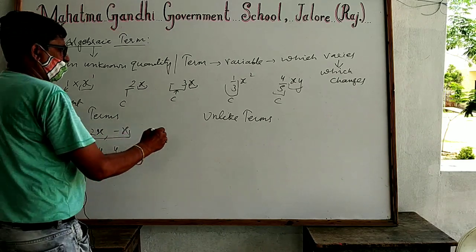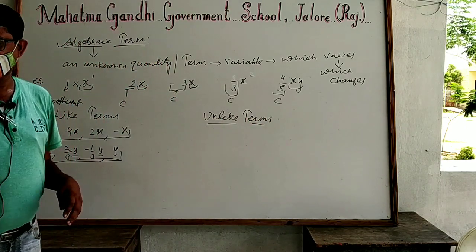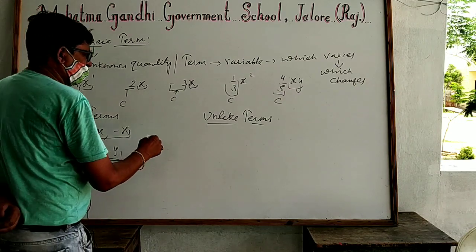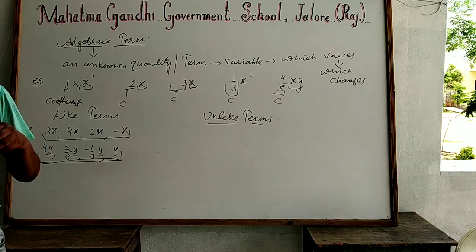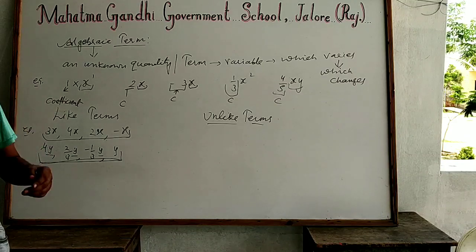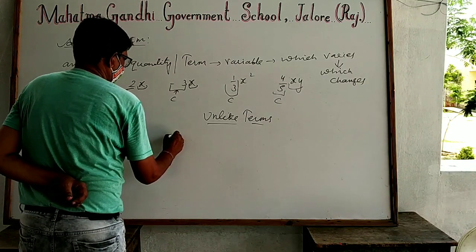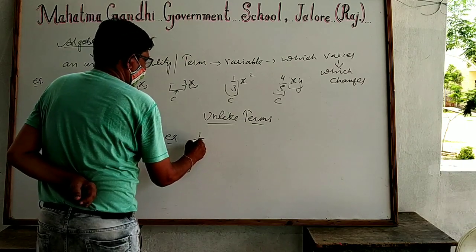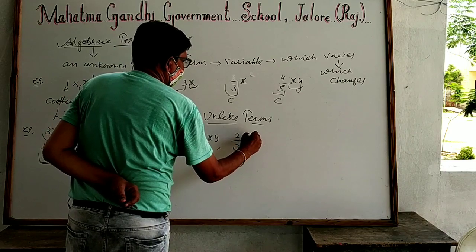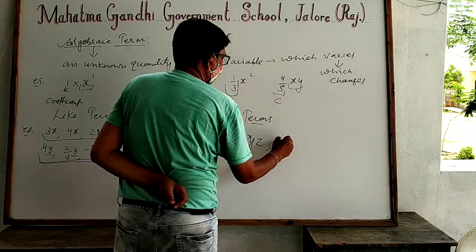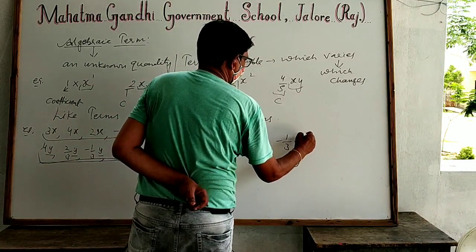Now we are talking about unlike terms. In the same way, unlike terms means having different variables, non-identical variables. For example, 1 by 3 xy, 2 by 3 yz, minus 1 by 3 zx.